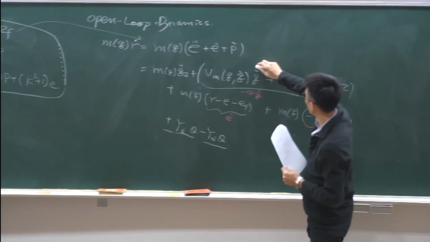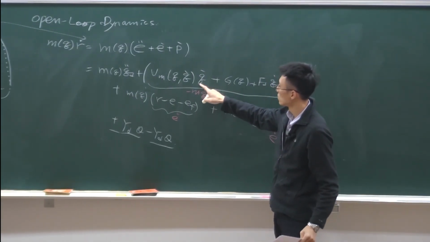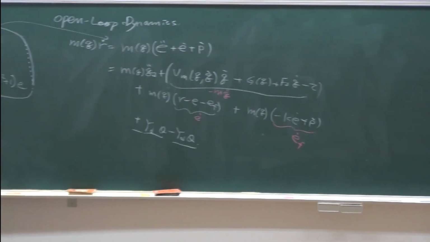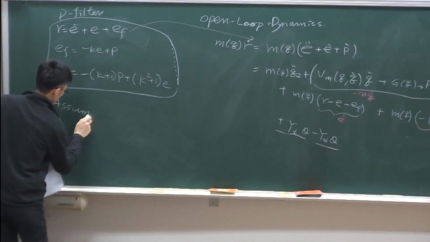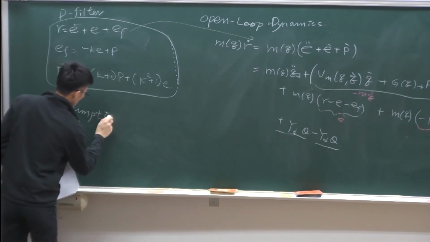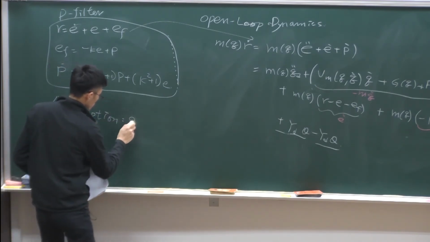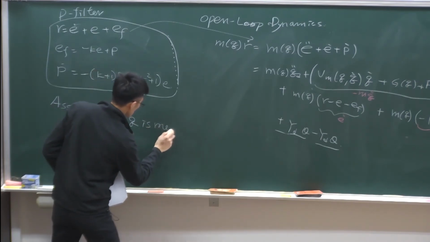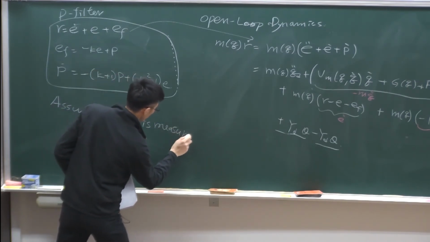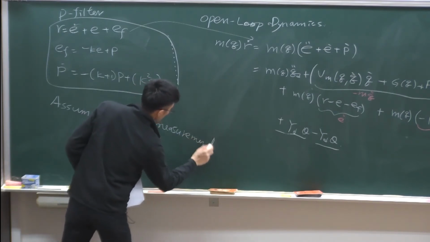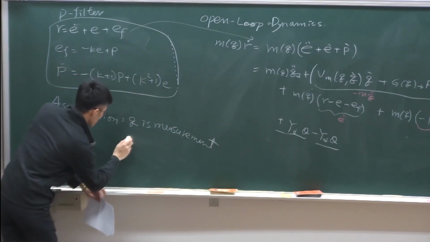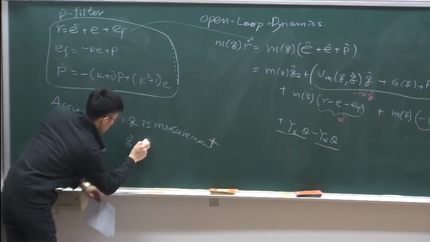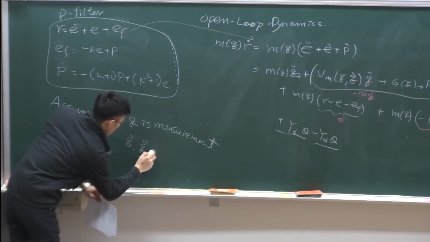That's because this term is not measurable. From the assumption, Q is measurable because it's output feedback. You can only measure Q, but Q dot and Q double dot are not measurable.